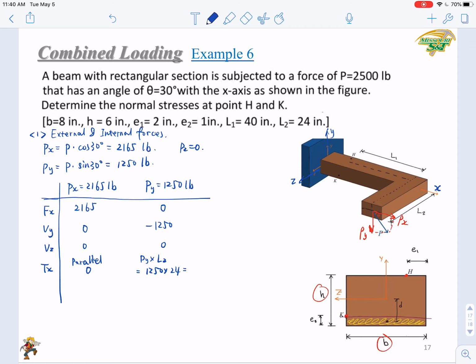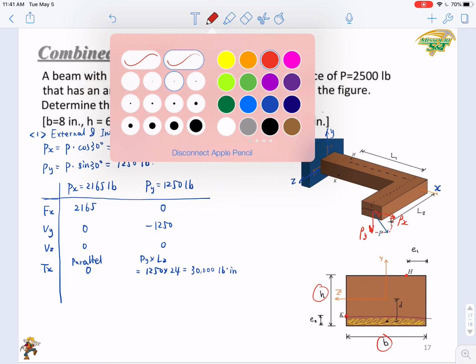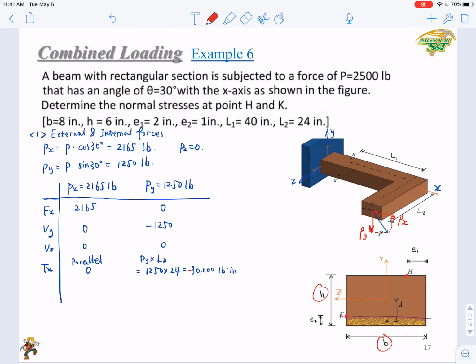This is 30,000 pound-inch. Positive or negative? Use your right-hand rule, you can find out that this is a positive value. Okay, this is a positive one.